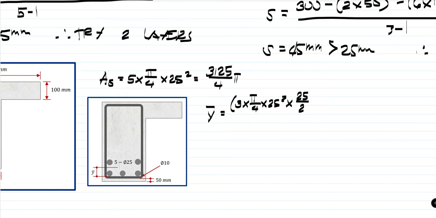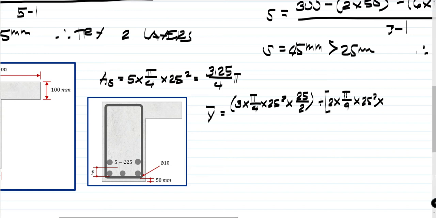Next, punta tayo dun sa side ng second layer. So that would be plus, so area muna, 2 times pi over 4 times 25 squared times yung centroid. Syempre, ang centroid niya is mula dito papunta dito. So we will have yung 25 over 2 na galing dito sa kalahati nito.